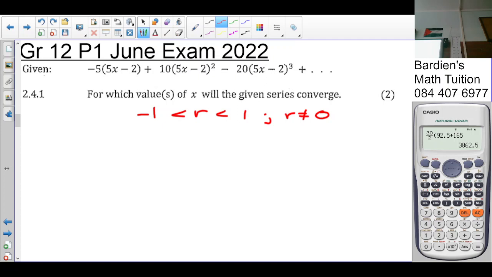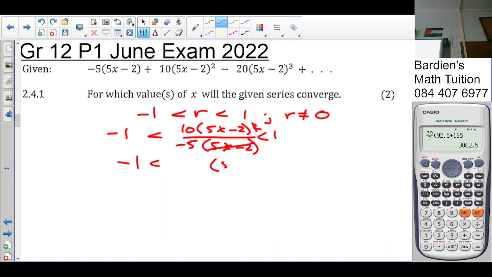So to work out r, it is going to be t2 over t1, or t3 over t2. That simplifies, that cancels with one of those, so it's going to be 5x minus 2 and negative 2.